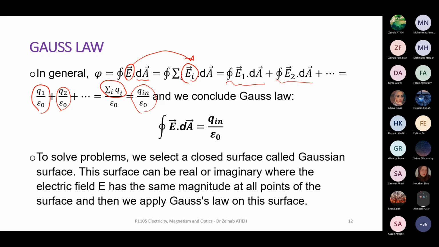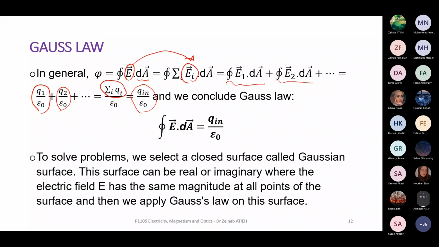Okay, so what must we keep in mind? First, we have to choose a closed surface and we apply the integral over this closed surface. This is the first thing. As we saw, we can choose it any way we like, but to make the integration easy it must be chosen in an appropriate way.